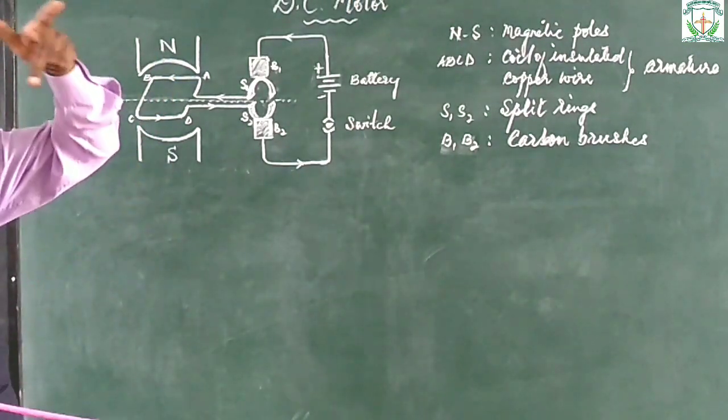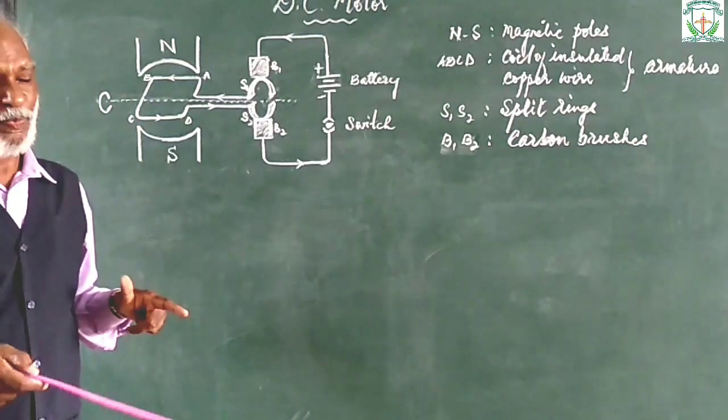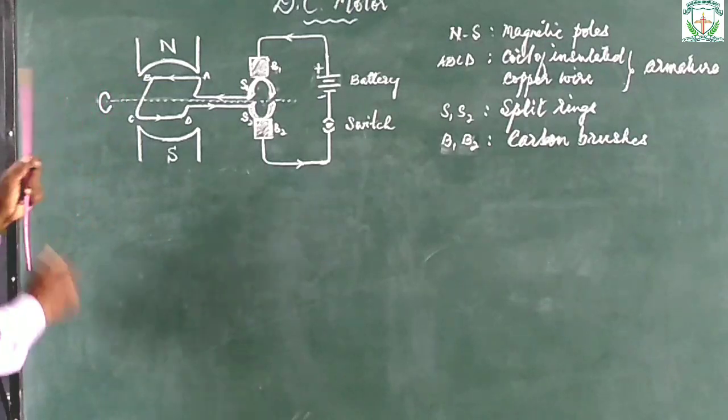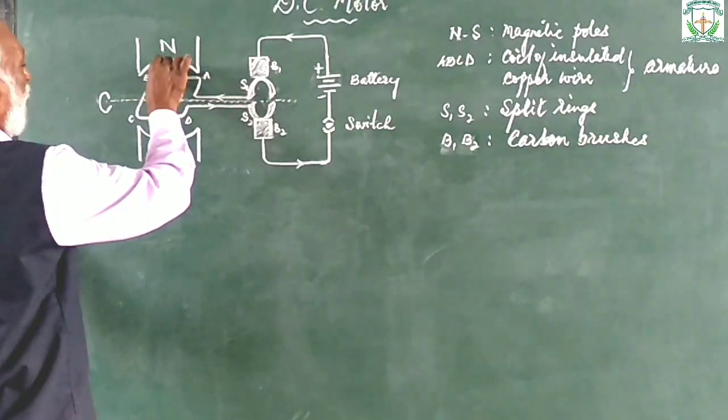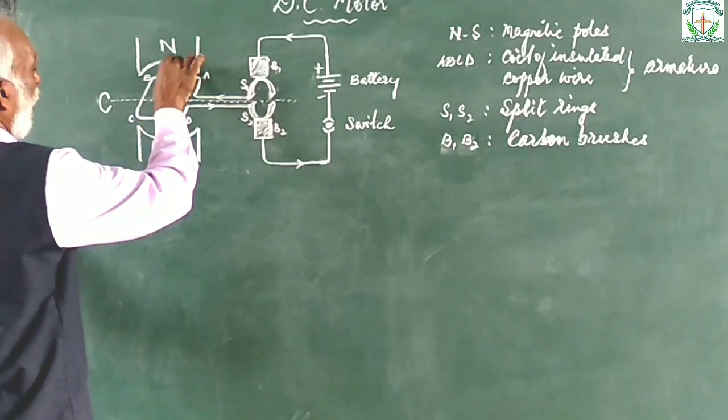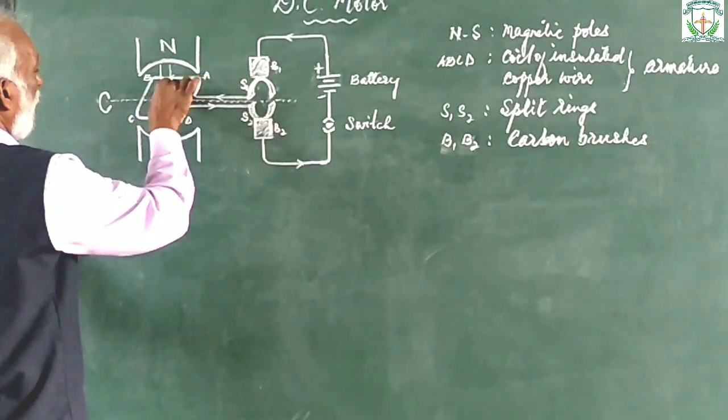Now we will make use of Fleming's left hand rule. Look here. This is the direction of the magnetic field, from north to south.